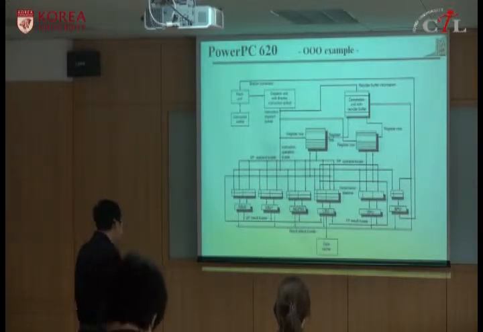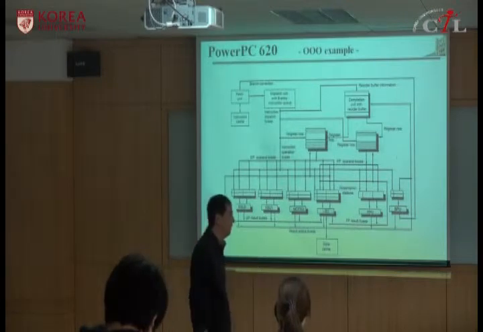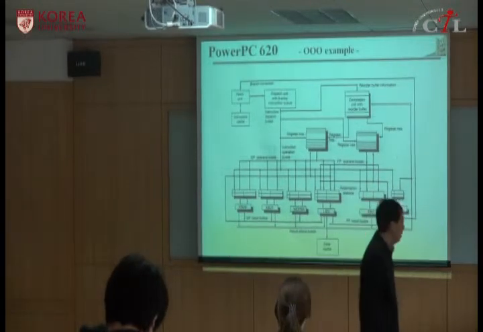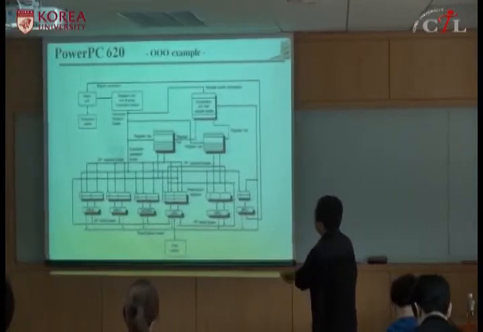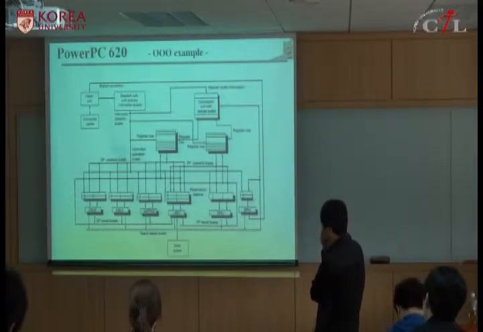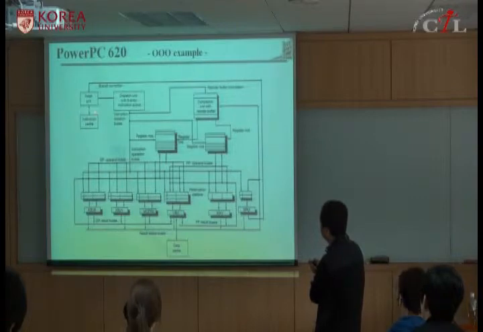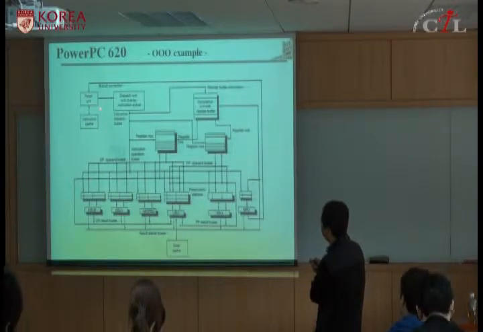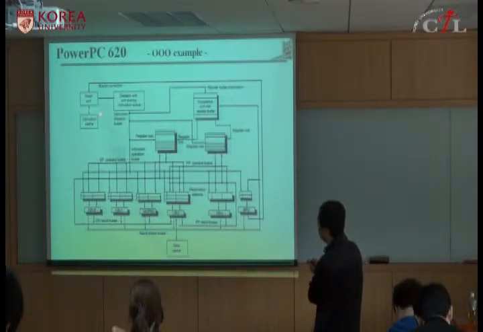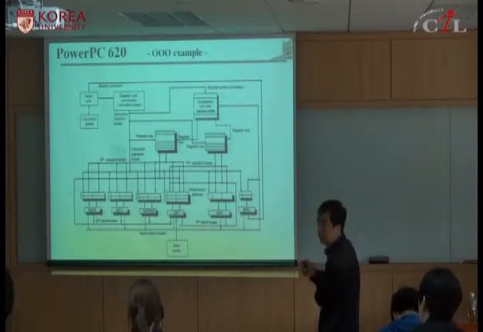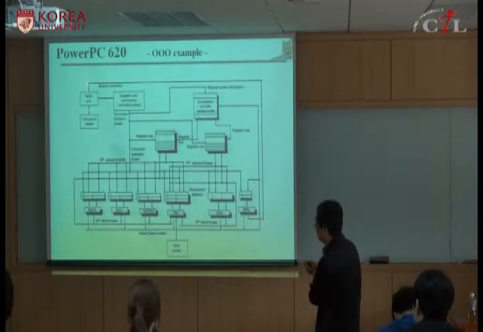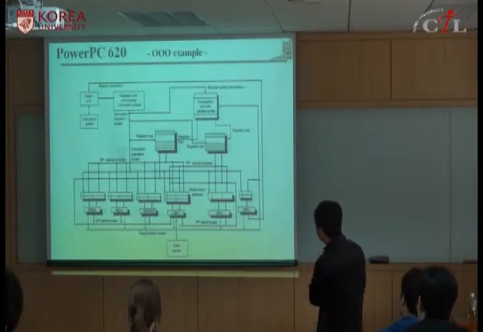Okay, so let's look at this PowerPC processor. There is an instruction cache and fetch unit. It doesn't show branch prediction, but there should be a branch predictor also. This corresponds to the front end, and branch correction is coming from the branch execution unit.